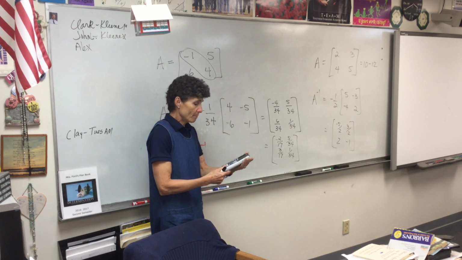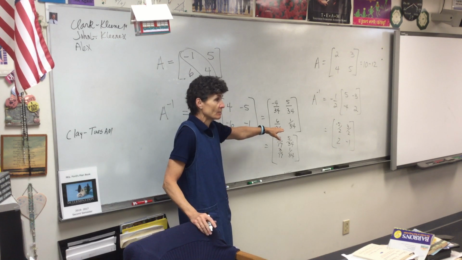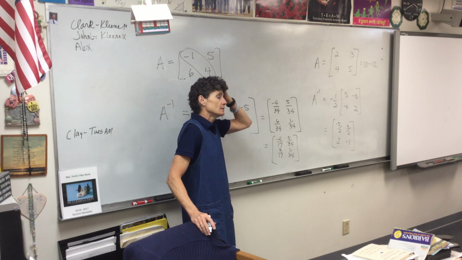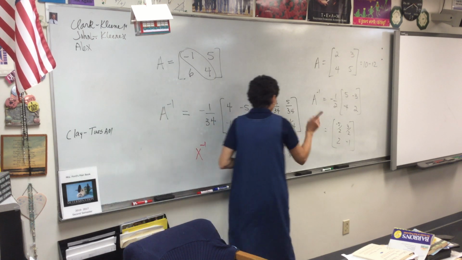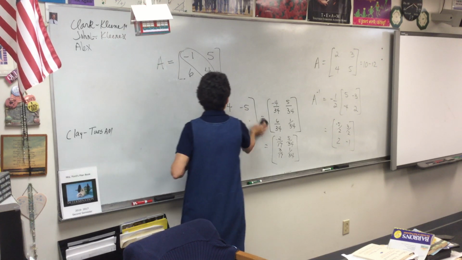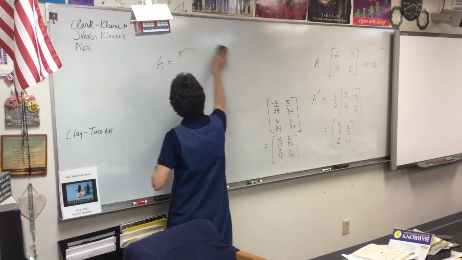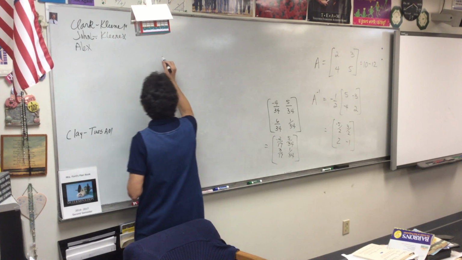All right, let's do a bigger one now. Did everybody get this by hand and on the calculator? All right, so let's do a bigger one now on the calculator. Because finding the inverse of a 3 by 3, again, it's something you used to do, and it's kind of fun. It just takes a long time.